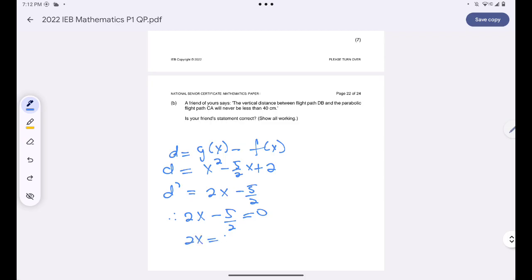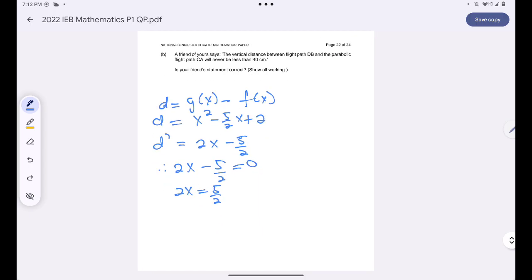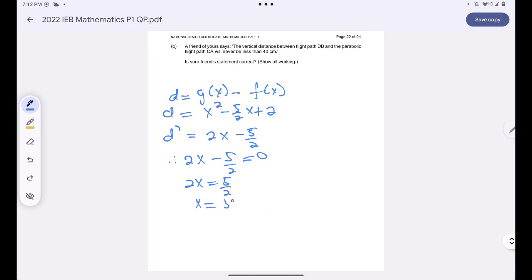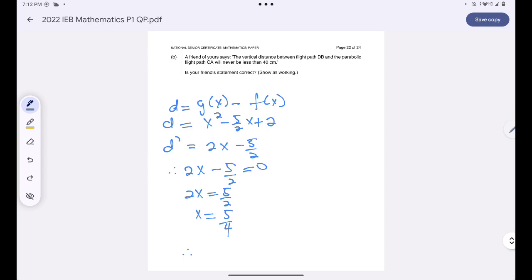Then 2x is equal to 5 over 2, and x is just equal to 5 over 4, right? Since I want to find the minimum distance, I must just substitute 5 over 4 in this equation. If I get a number that is less than 40, that means my friend was incorrect. But if I get a number which is greater than 40, it simply means that my friend was correct.